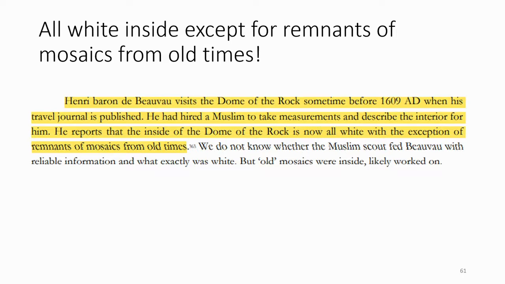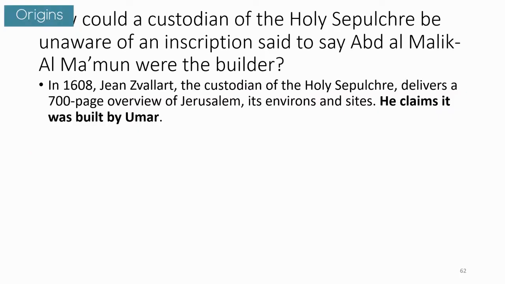We do not know whether the Muslim scout fed Bovo reliable information on what exactly was white, but old mosaics were inside, likely worked on. So it seems like this was a work in progress. If you were doing anything with the interior, you would probably create a blank canvas and then work on top of that. But we don't know if the report was truthful or not. I suppose that's probably the best we can say at this stage.